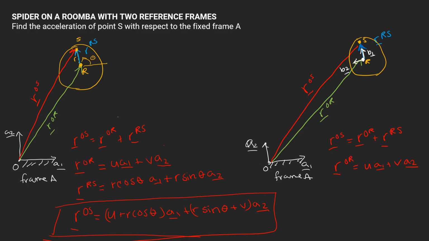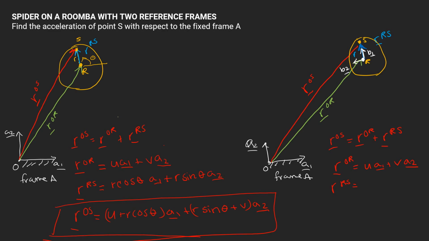So now what that means is if I were to write RRS, I can simply say that if B1 is in the direction of the spider's movement, all I need is that distance between the robot center and the spider.